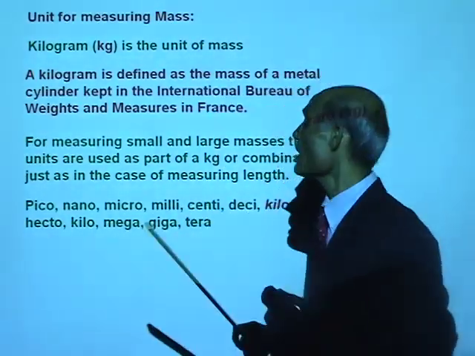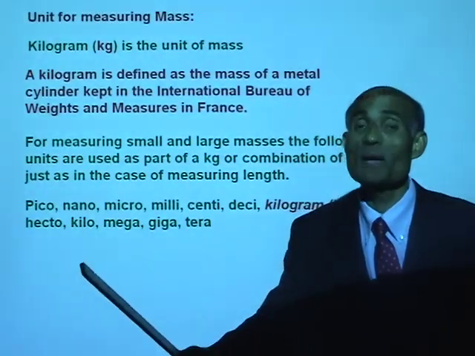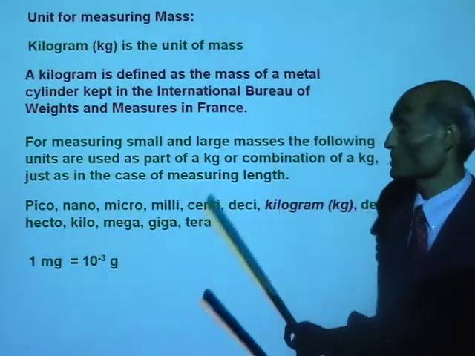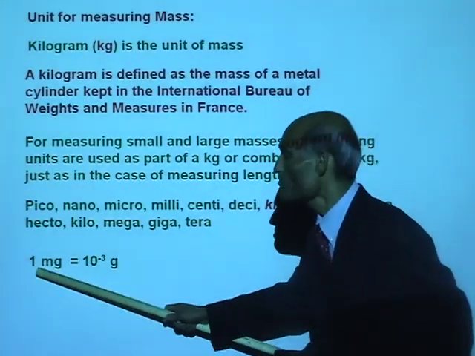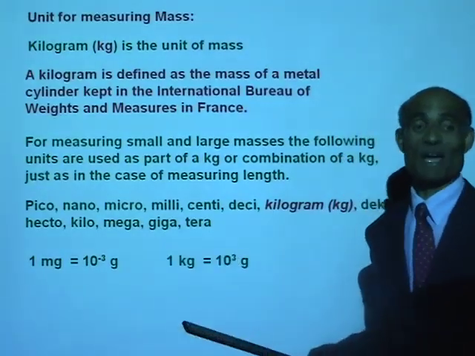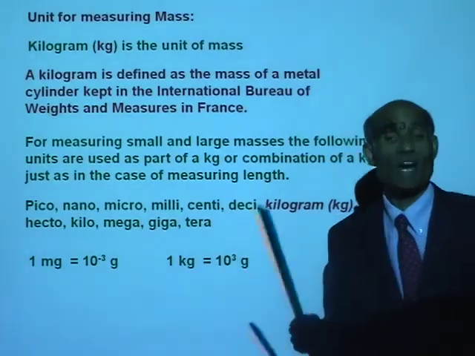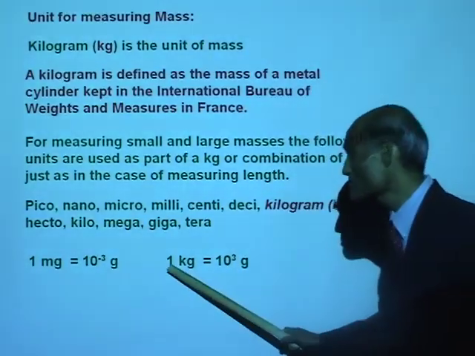So you need only know that 1 kilogram contains how many grams? 1,000 grams. Well, 1 milligram is 1,000th of a gram, and 1 kilogram contains 1,000 grams. You must know this.